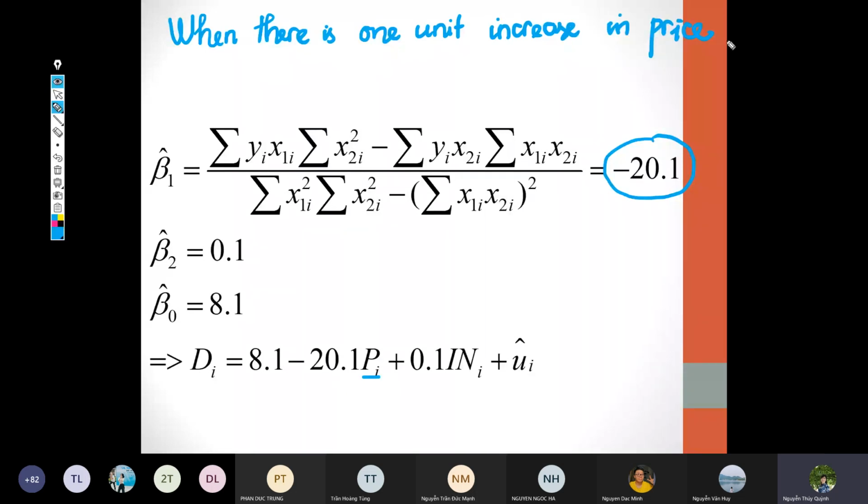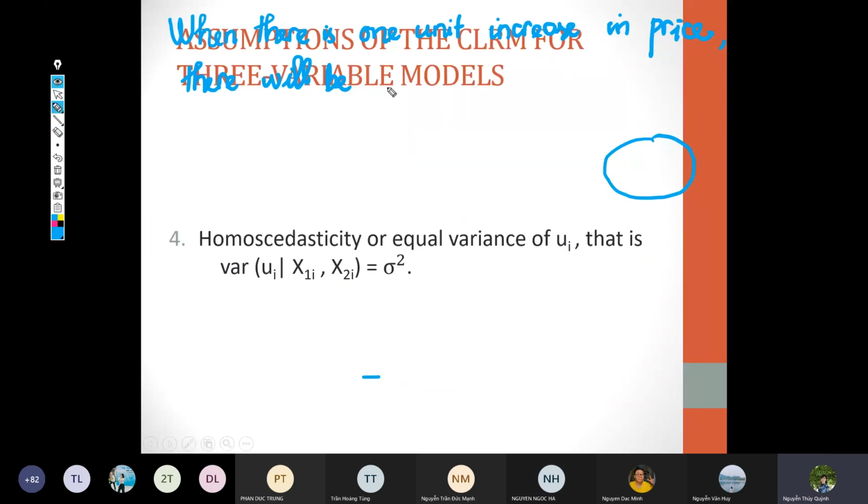It's a decrease, sorry, because it's inverse.